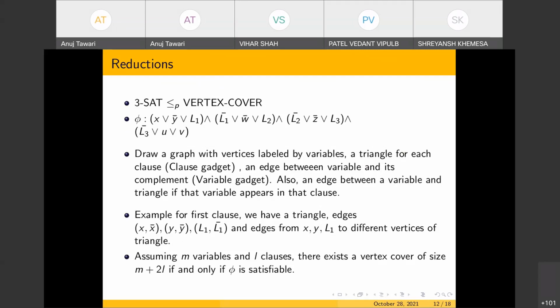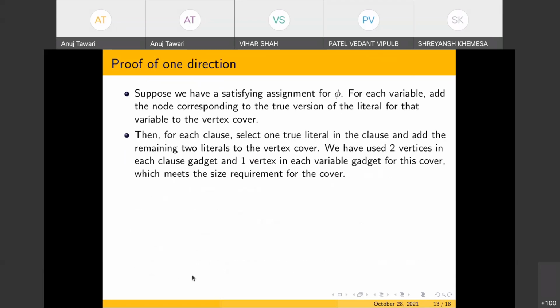So there are two vertices we are adding per clause and one true variable. So the total size will still be m plus 2l.